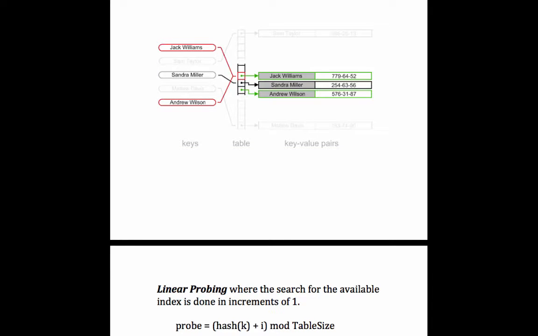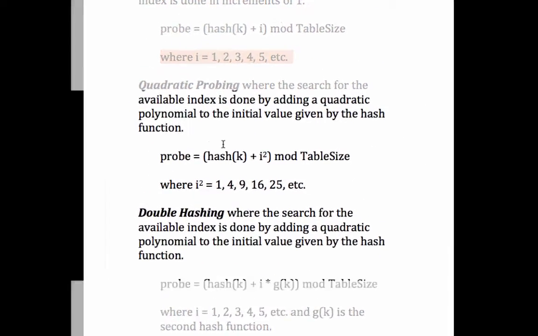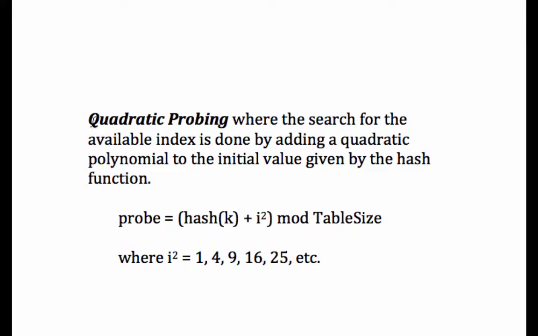Now it could be that the new index is found by taking a jump, which is what we call quadratic probing. In this case, again, we have an initial index returned by the hash function, and instead of adding increments of 1, what we add is the square of a certain value. So the first probe is going to be our regular index plus 1.